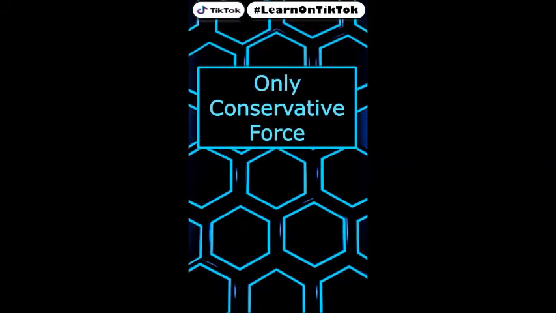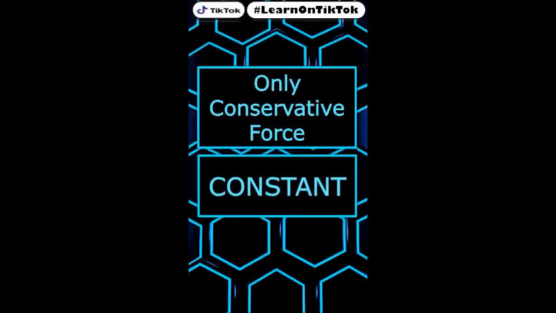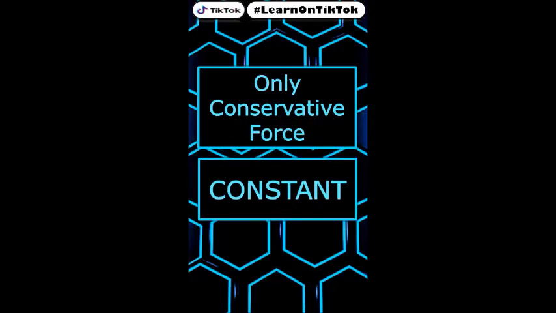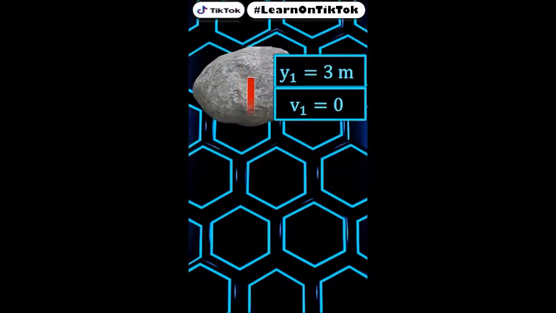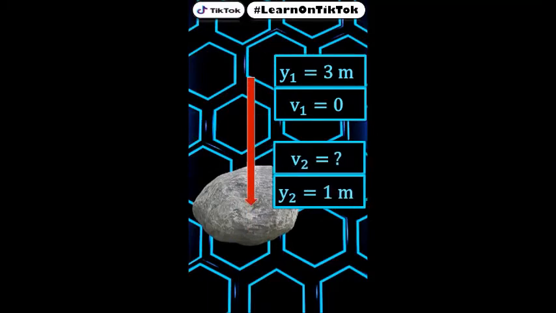Generally, the principle states that, if only conservative forces are acting, the total mechanical energy of a system neither increases nor decreases in any process. It stays constant, which means it is conserved. To apply this principle, let's solve a problem. If the original height of the rock is 3 meters, calculate the rock's speed when it has fallen to 1 meter above the ground.